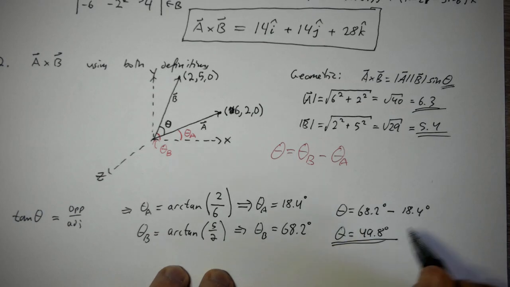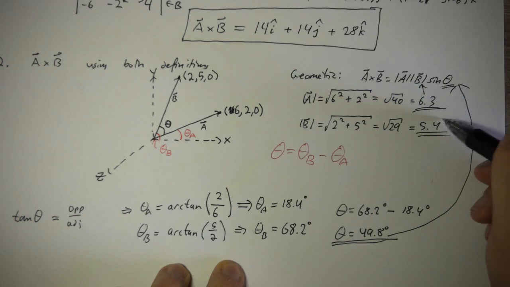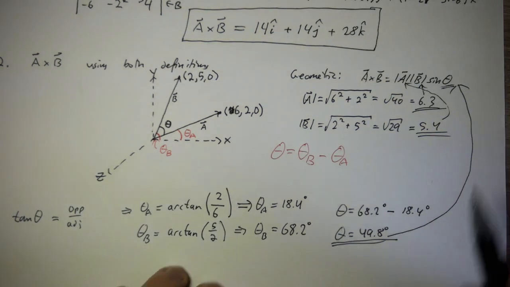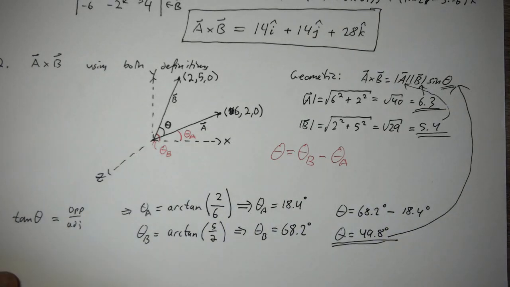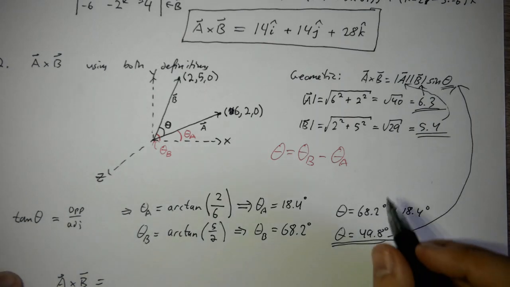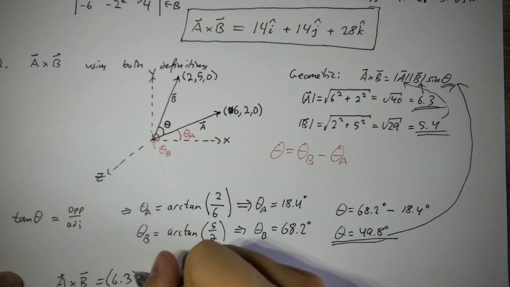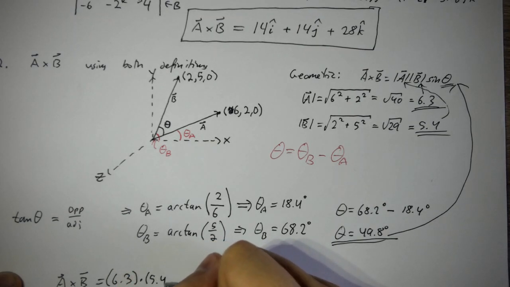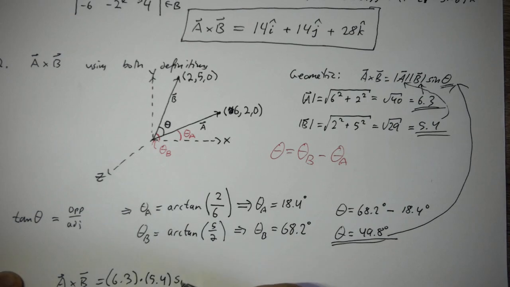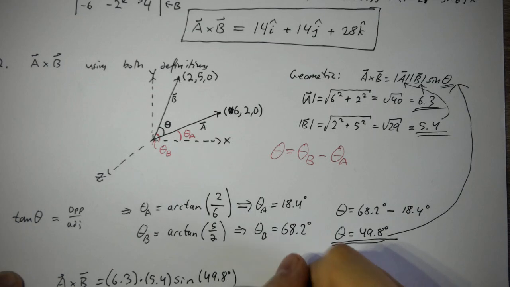So that's our angle. Now that can be plugged into here. This can be plugged into, well, I got those backwards, but we can plug everything in there now. So A cross B is equal to 6.3 times 5.4 times sine of 49.8 degrees.